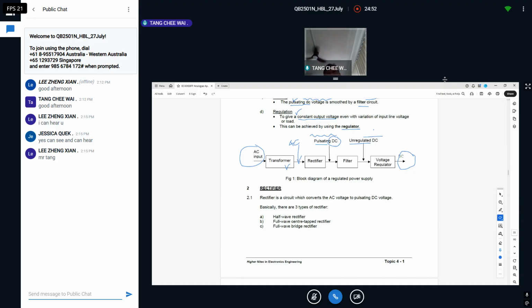The filter will smoothen the signal and you get a nice straight DC, but it's still unregulated, meaning it's still not very constant or stable. And finally, the voltage regulator is the one to keep a very constant output voltage for you. Example, 5 volt DC, and it always stays at 5 volt DC. It's not supposed to change. That is the meaning of voltage regulator.